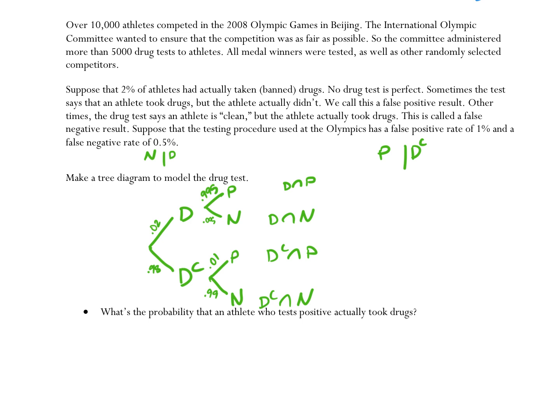So, can we do 0.02 times 0.995 real quick? I'm not very smart, but let's see if I can get there.